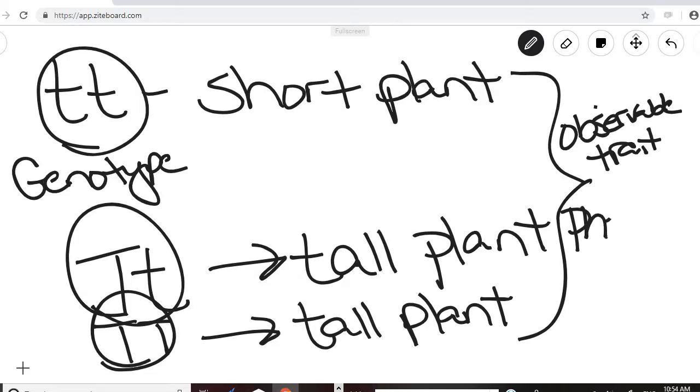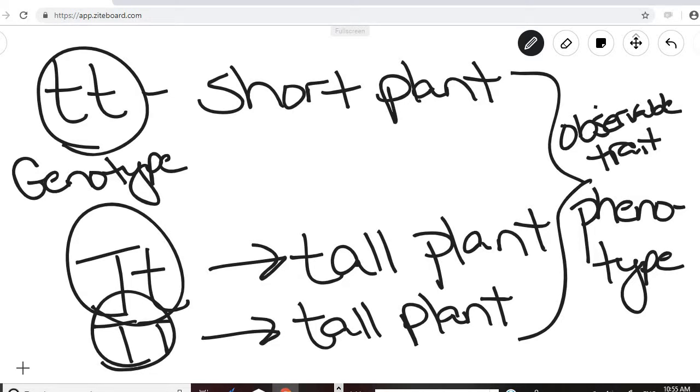Phenotype. Okay? That's really sloppy. Let me do that again. Pheno, it's all one word, but I'm going to have to break it up. Phenotype. Okay? The observable trait.